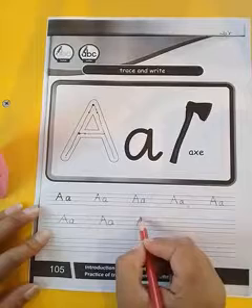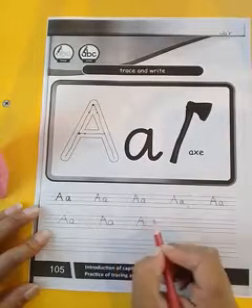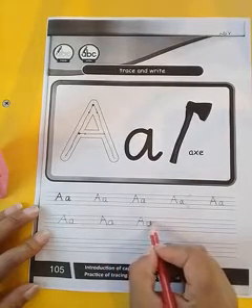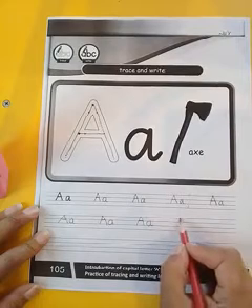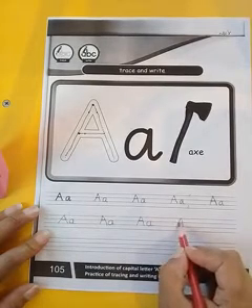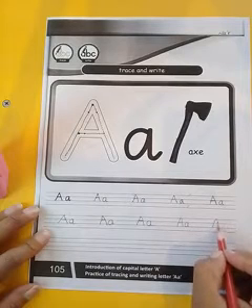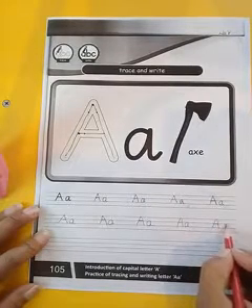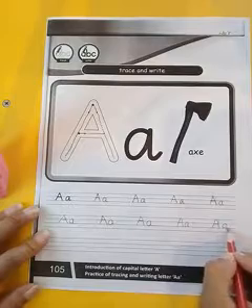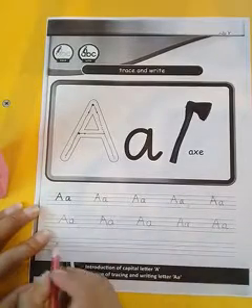Up to down, straight. Make a C and tail. Small a. Up to down, again up to down, straight. Make a C and then make a tail.